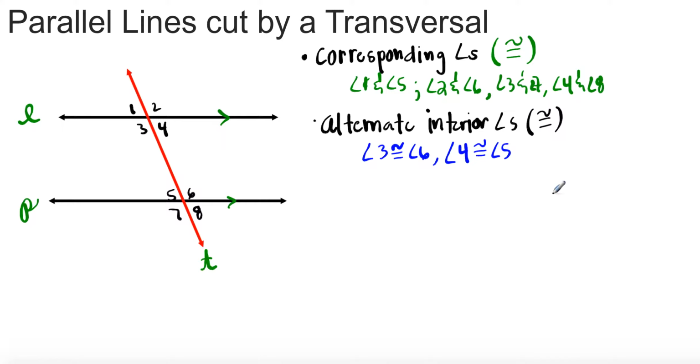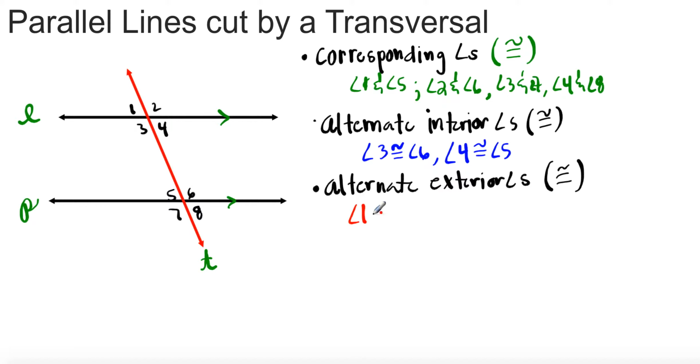Well, we have alternate interior angles, so we have to have some alternate exterior angles. And it's the same idea, alternate exterior angles, and they're also congruent. So my alternate exterior angles would be 1 and 8, because they're exterior, meaning they're on the outside of the parallel lines, and then alternate, meaning they're on opposite sides of the transversal.